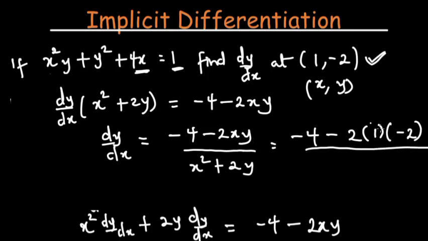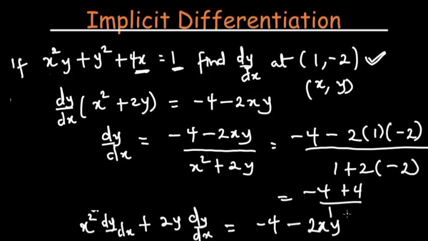Then divided by 1 plus 2 times minus 2. And here I have this to be equal to minus 4 minus 2 times minus 2, that will be plus 4. Wow. And this is 1 minus 4. And so my answer is 0. And that is the correct answer.